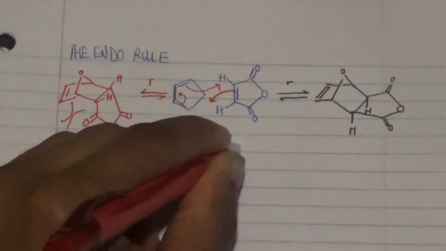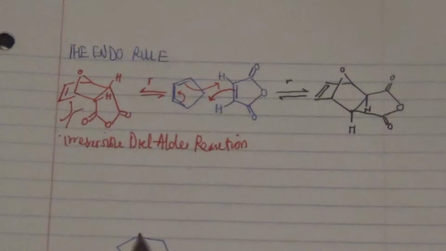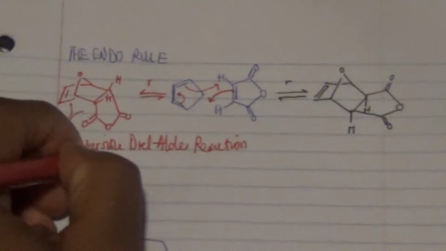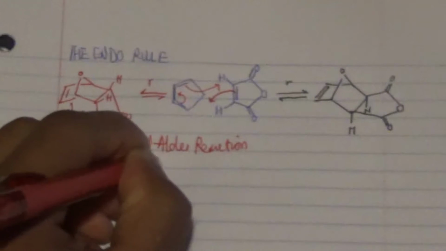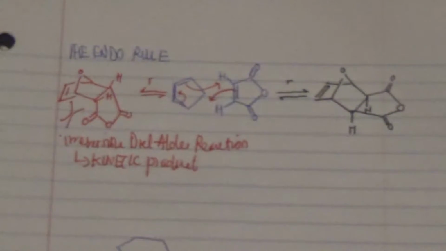And once it's favorable in an irreversible Diels-Alder reaction, we can conclude that the endo product is a kinetic product of this reaction. And once it's kinetic, you know right away that it is not favored thermodynamically.